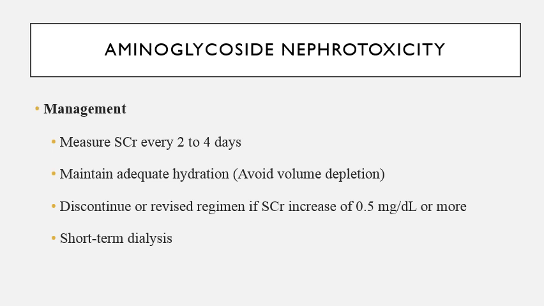We will make sure that the patient's hydration is maintained, and if the serum creatinine is increased by 0.5 milligram per deciliter or more, we will discontinue or revise the regimen so that the serum creatinine level comes to the normal range. And in certain other situations, we may go for short-term dialysis as well.